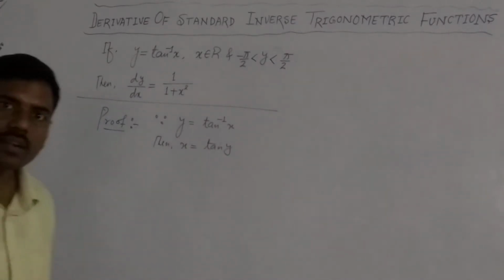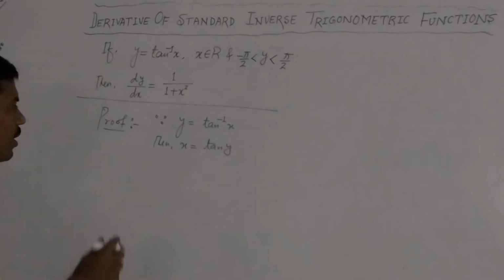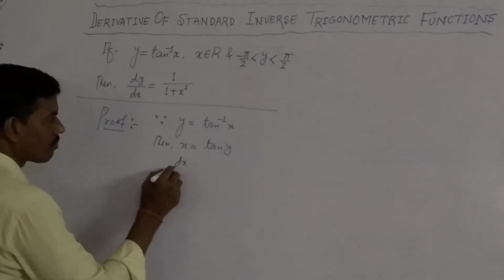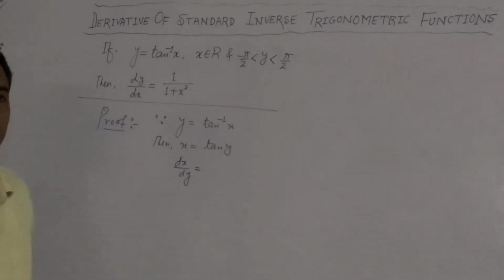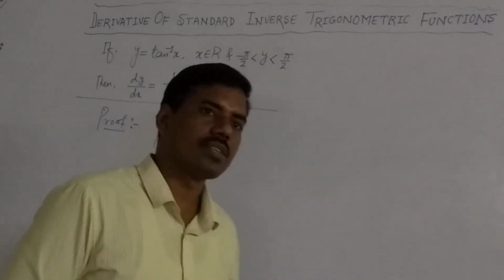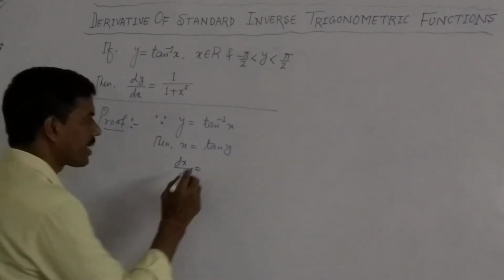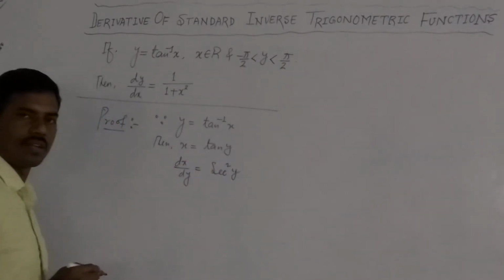Okay, taking derivative of x with respect to y, we have dx by dy is equal to, and we know that the derivative of tan y with respect to y is sec square of y.